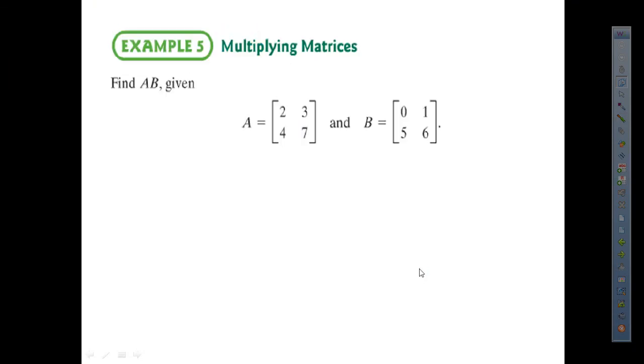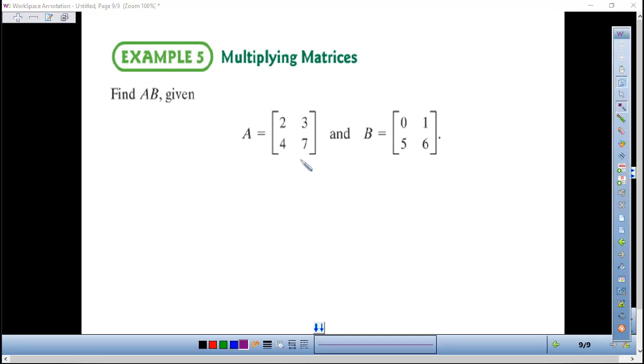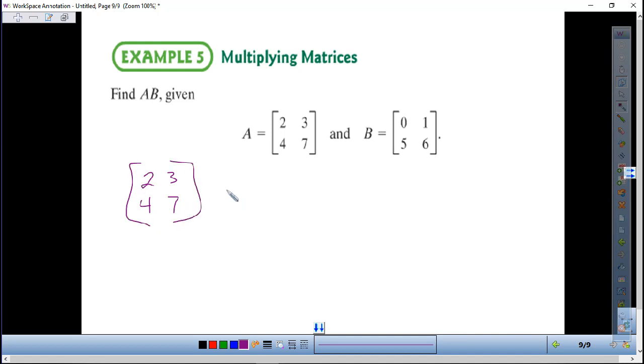So let's look at one. Let's find what the product of A times B is if A is 2, 3, 4, 7 and B is 0, 1, 5, 6.